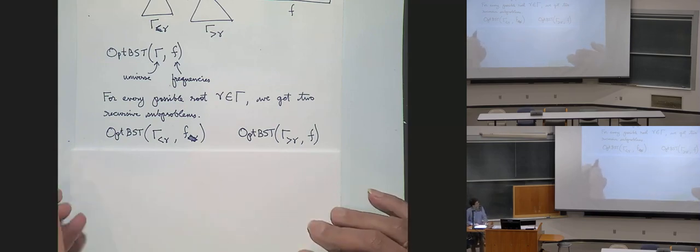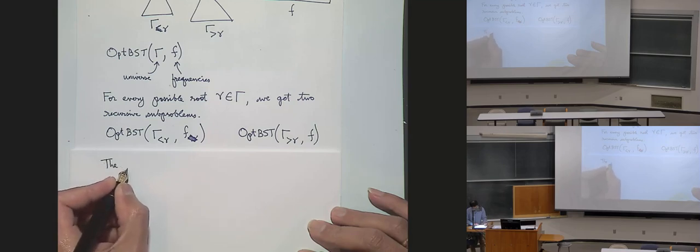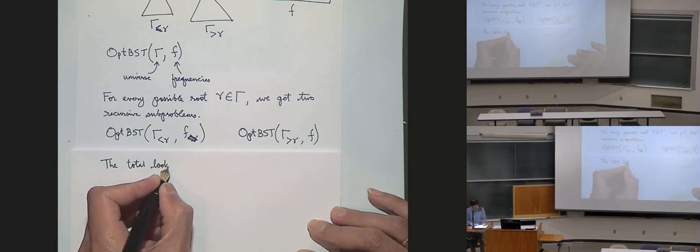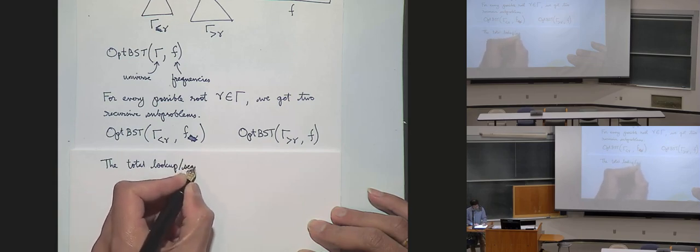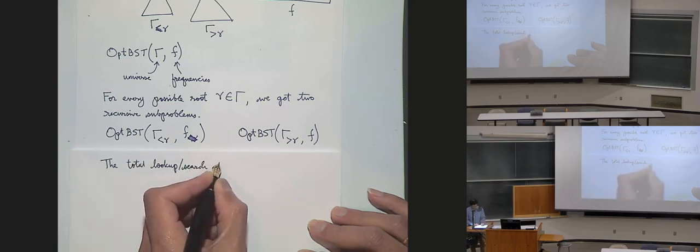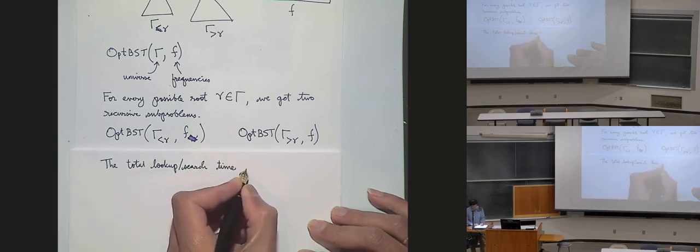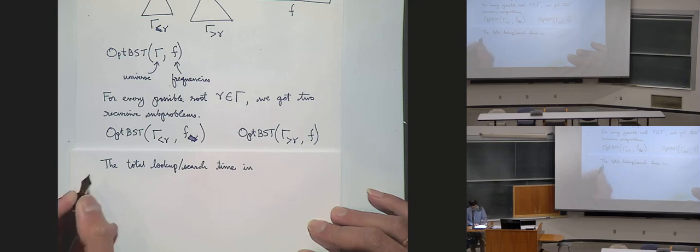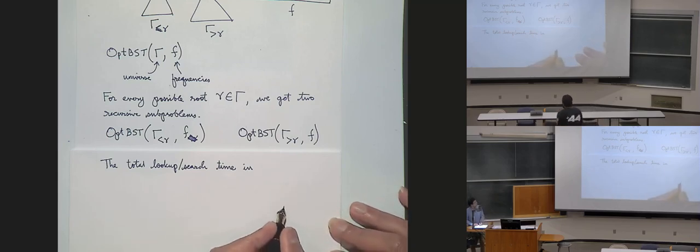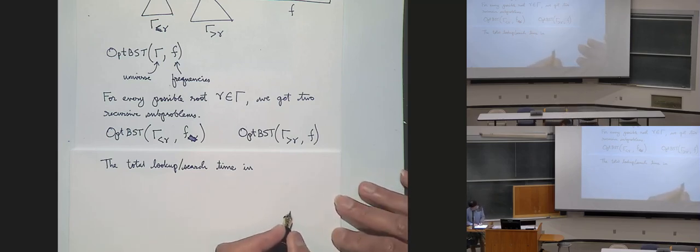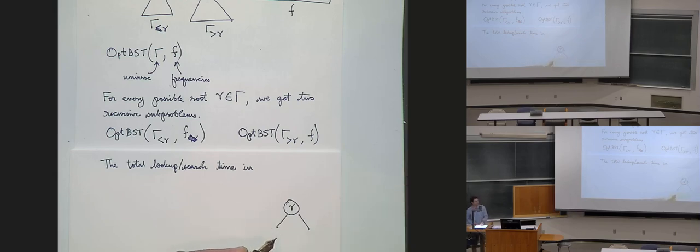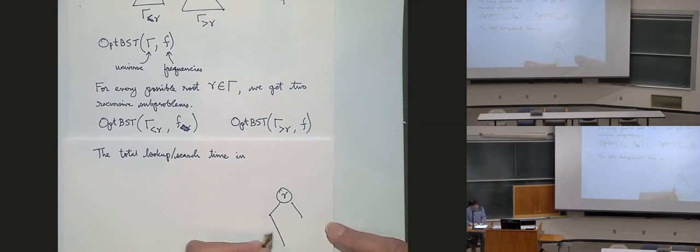Okay, so I'll say, let's say the total lookup or the search time in, okay, so maybe let me draw it this way. So here's gamma. Now let's say you do this recursive call for that choice of gamma.